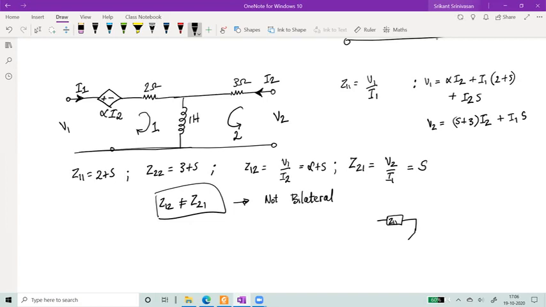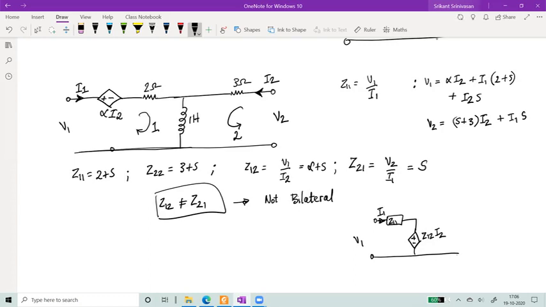So Z12 I2 would be like a voltage source. So then you can say that this is V1, this is Z11, and there's a current I1 flowing in here. So V1 is Z11 times I1 plus Z12 I2.